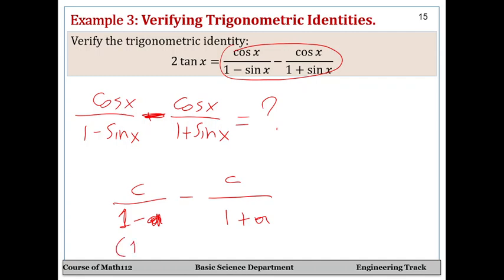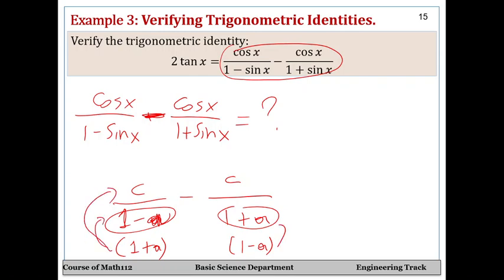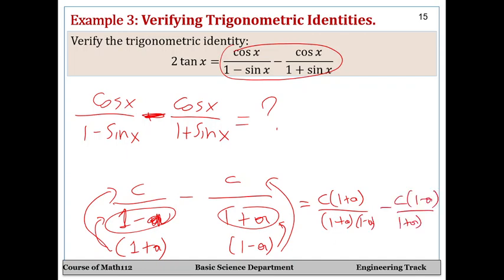So you do a common denominator. How do you make the common denominator? If they are totally different things and there's nothing common between them as factors, you multiply each one by the other one. So you will get c times 1 plus a, over 1 plus a times 1 minus a, and then c times 1 minus a over 1 plus a times 1 minus a.